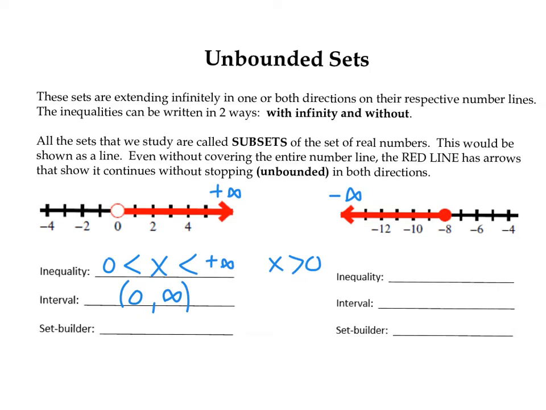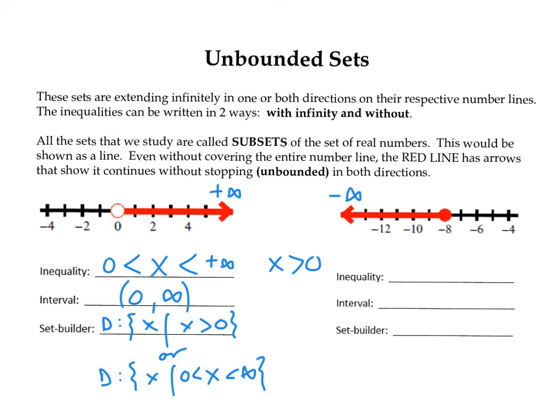Set builder is very similar to inequality notation, so we say domain, curly braces, the set of x values, such that you can say x is greater than 0, or you can say x such that it's between 0 and infinity. So it really just depends what inequality notation you use, between the smallest and largest, or just greater than the smallest, and you can go with both, whichever notation you prefer.